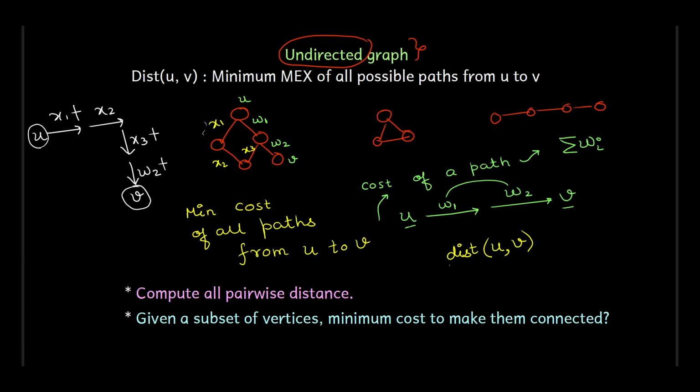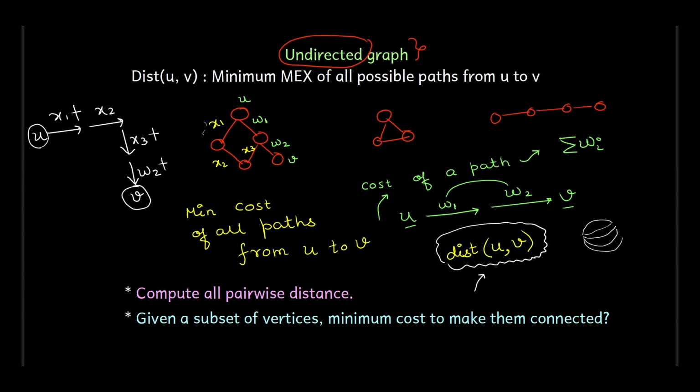So that's why the distance between any two nodes in a connected or maybe unconnected undirected graph is nothing but the minimum cost path across all possible paths that exist from U to V. And you know that you can compute this via Dijkstra's algorithm if all the edge weights are positive, or via Bellman-Ford's algorithm if there are no negative cycles in this graph.